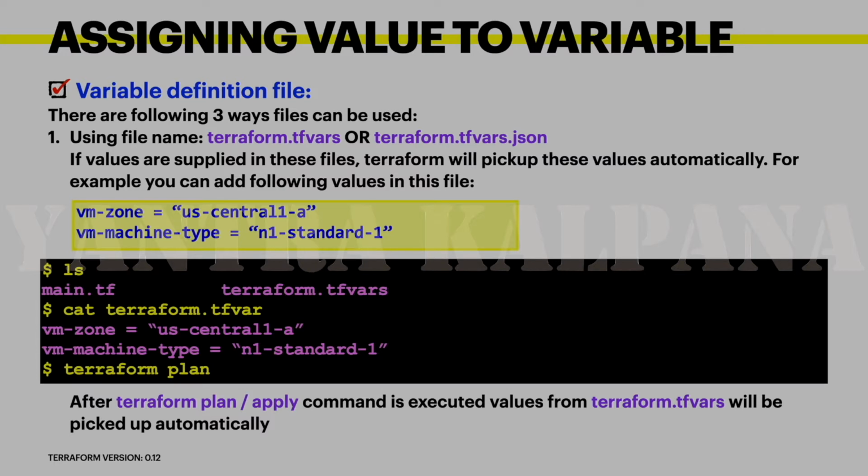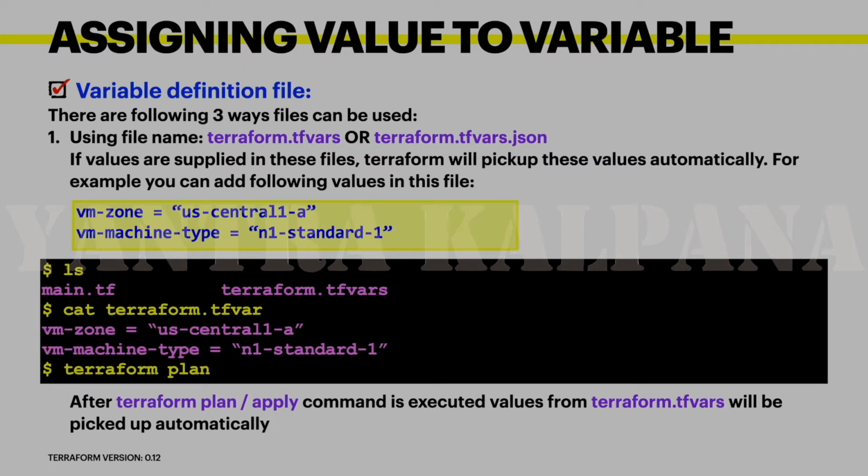The advantage of providing these variables in those files is that Terraform will automatically pick up the values defined in them. You don't need to pass these files as an argument to the command or anything; you just supply those files and it will pick them up.